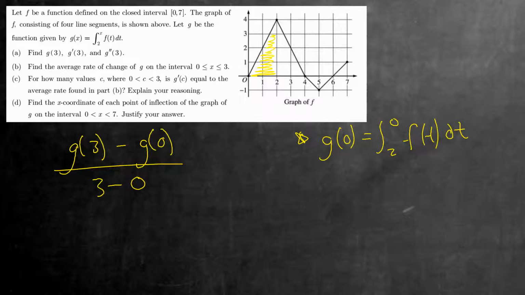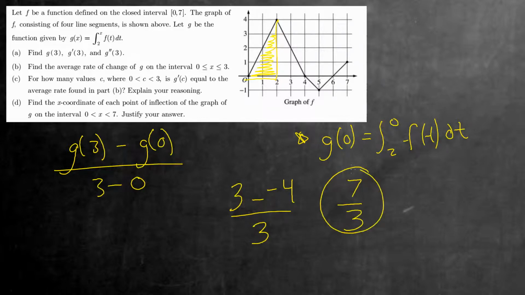And remember, our base is 2, our height is 4, 2 times 4 divided by 2. The area there is 4, but when I go backwards, from 0 to 2, I get a negative area. So it's really 3 minus negative 4 over 3. So that's going to give me 7/3 as my average rate of change of g on that interval.